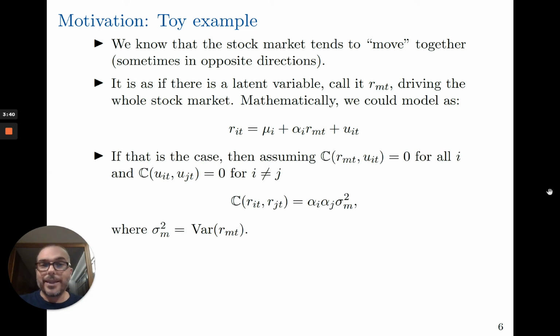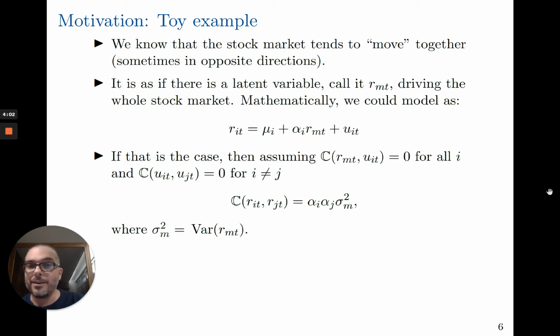In that case, if we assume that the covariance between R_m and u is 0, then we can show that the covariance between the returns of two different firms will be given by alpha_i alpha_j sigma squared.